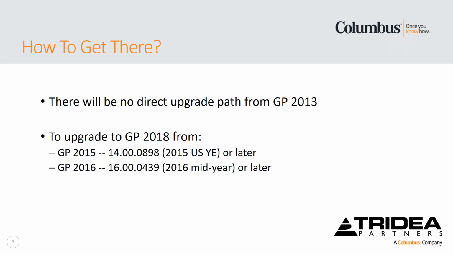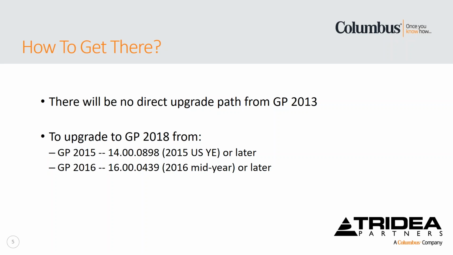If you're on 2015, but it's an older version than the 14.00.0898, then we would have to service pack your 2015 to get you to at least the 0898 and then on up to 2018. So not a big deal really at all.